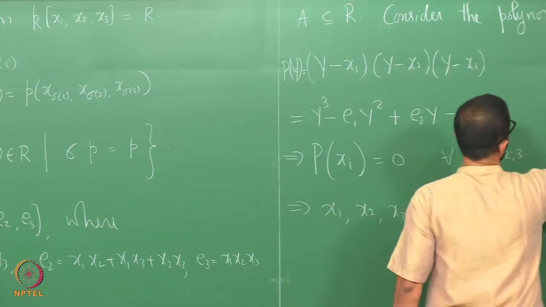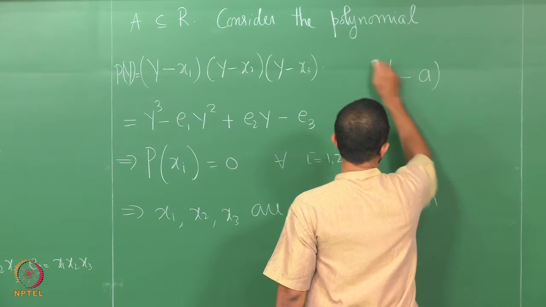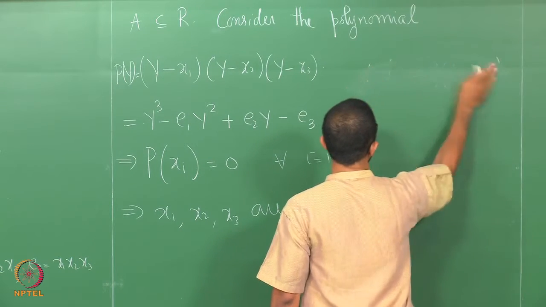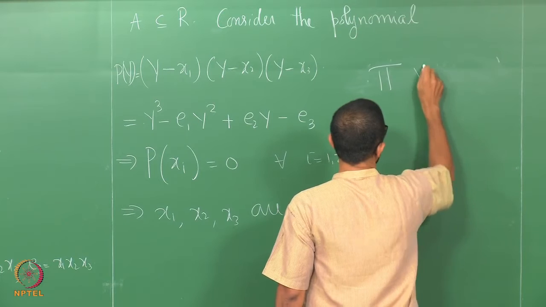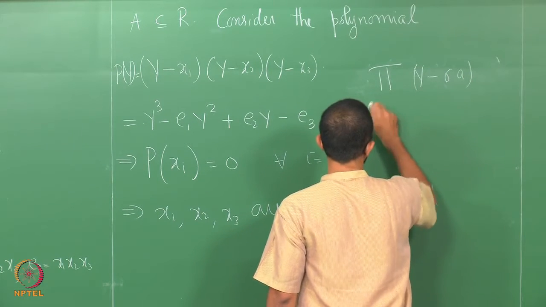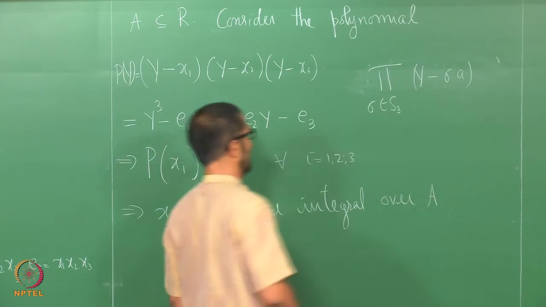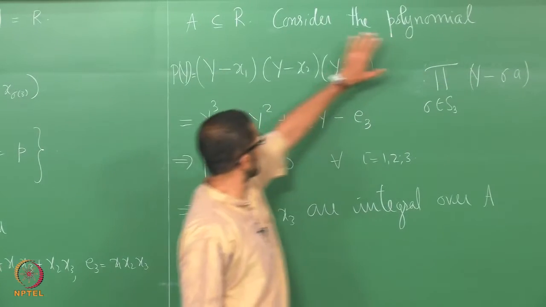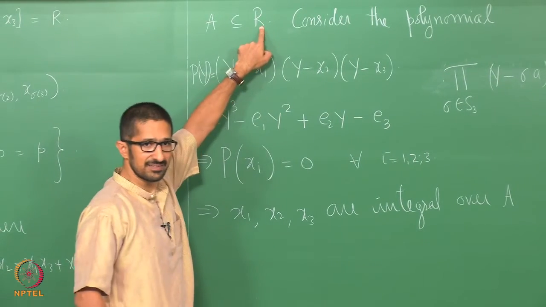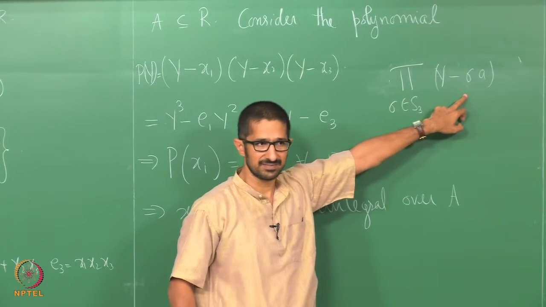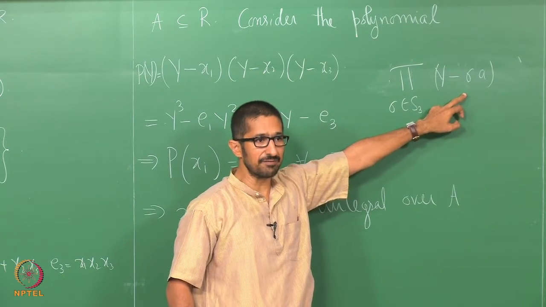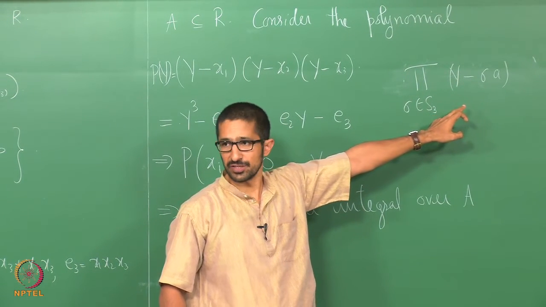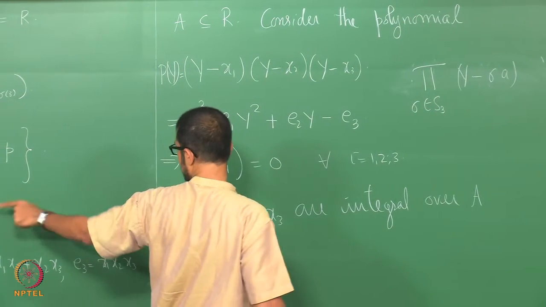We are looking at y minus a, then y minus sigma a. So, in other words, what we have done is we have looked at y minus sigma dot a, sigma in S3. We did not take the entire product, but if I take any a in R, this will work, and each coefficient is going to be inside the ring A.